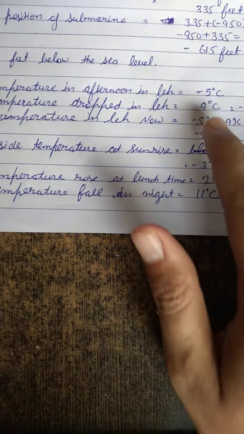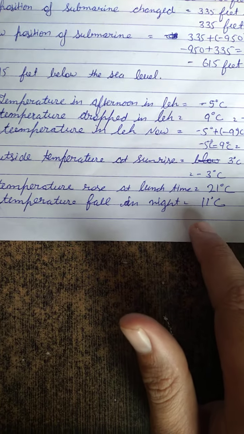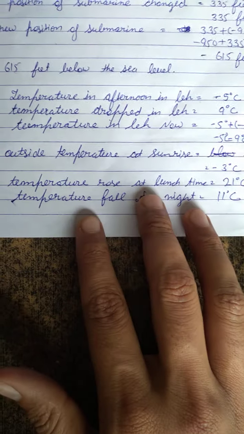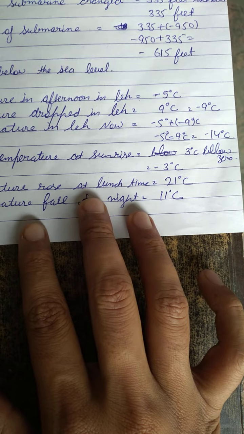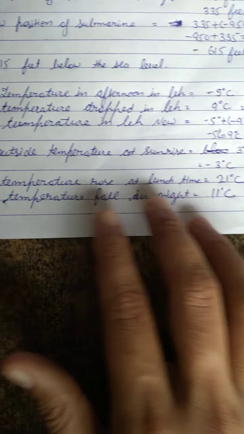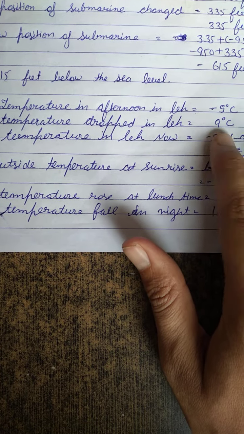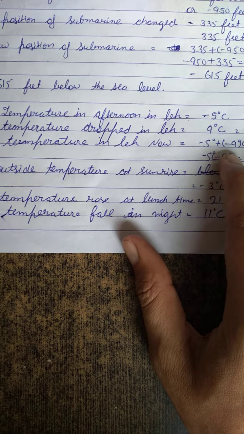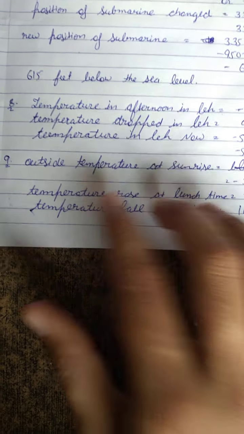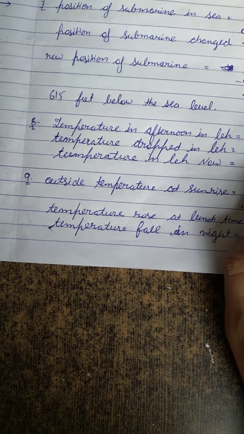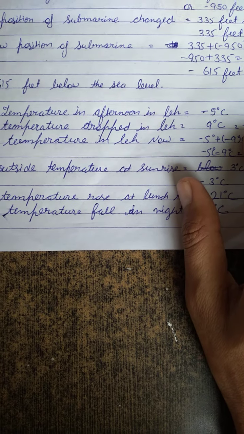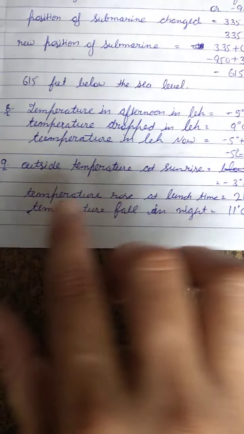There is no need to write this step. By mistake I wrote this step, that is minus 5 plus minus 9. You can also skip this step and move on directly. If you skip this step, you also have to remove the minus sign of 9 from your answer.